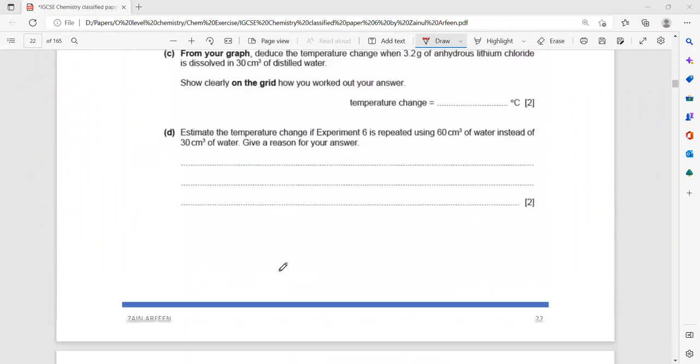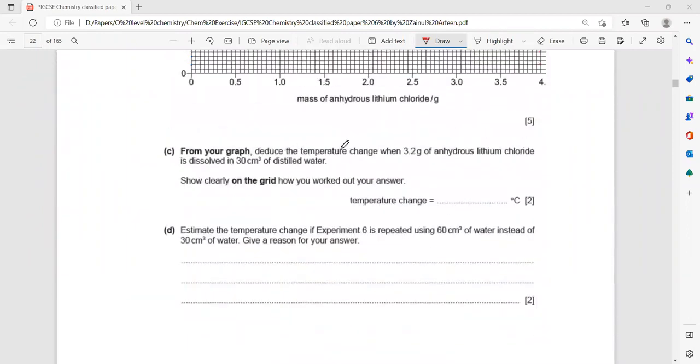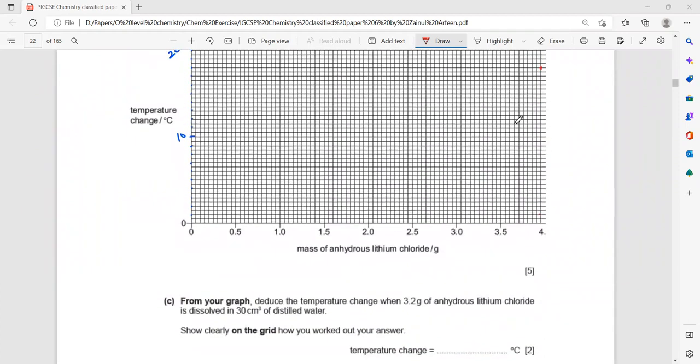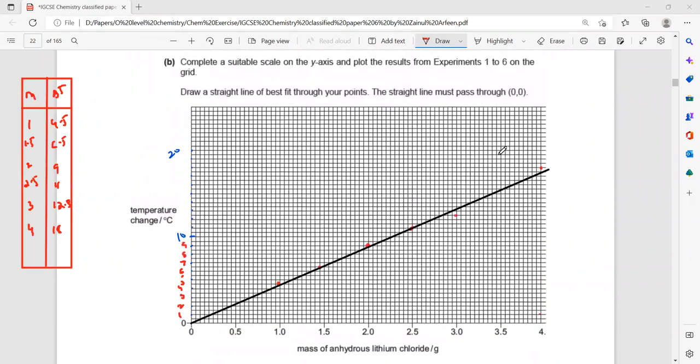Then the next one: from your graph, deduce the temperature change when 3.2 grams of anhydrous lithium chloride is dissolved in 30 cm cube. So when 3.2, what we'll do, we'll draw a line from 3.2. Each two boxes here represent 0.1. So this is 3.1, this one is 3.2. You should always show this on your graph.